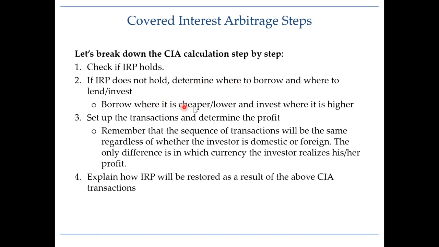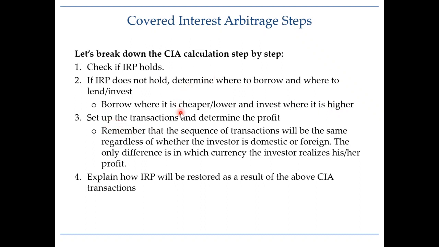An easy way to remember is that you need to borrow from the side that's cheaper to borrow, or lower, and you need to invest on the side where the number is higher. And it will make sense once you look at an example. And please remember that this is not the same as simply comparing the two interest rates. We're talking about the rate of return after we hedge the exchange rate too.